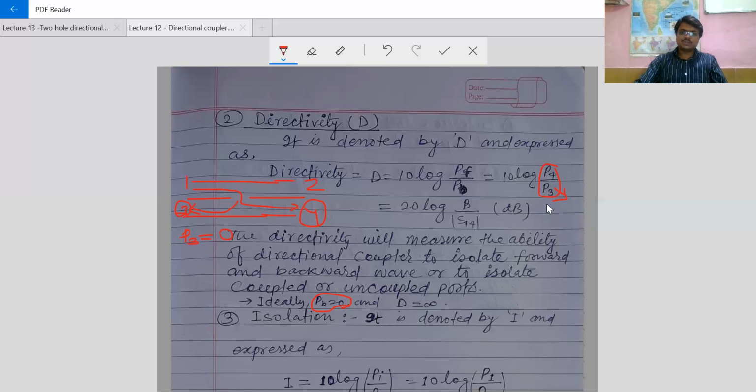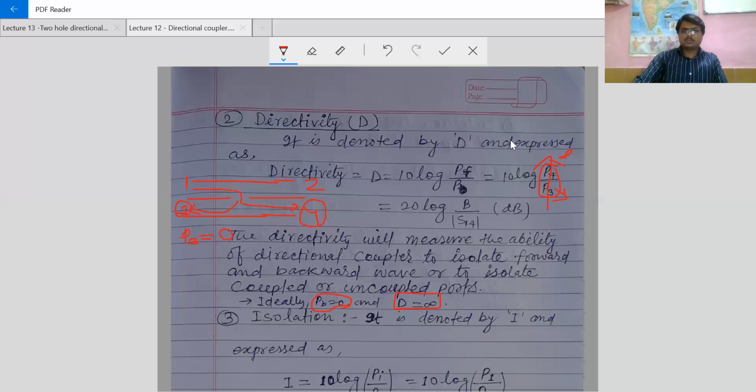The denominator is 0, so the ratio goes to infinity, and log of infinity is again infinity, so it will give infinity. So ideally directivity should be infinity, but 30 dB or 40 dB is good. In practice it is not infinite, but it should be 30 dB or 40 dB.